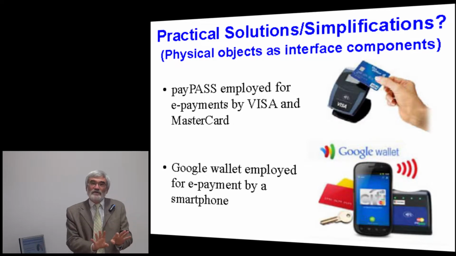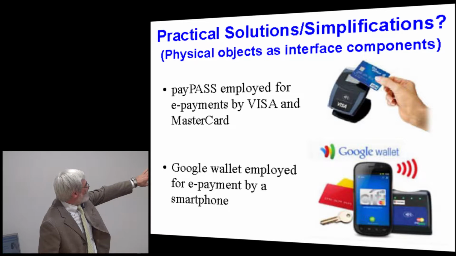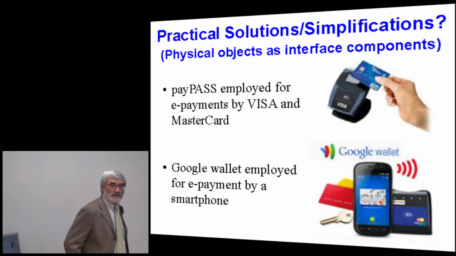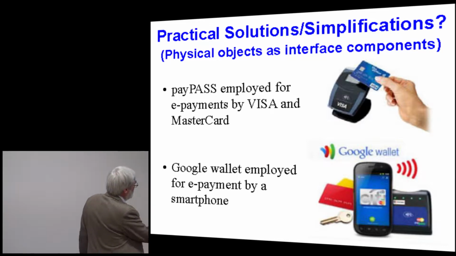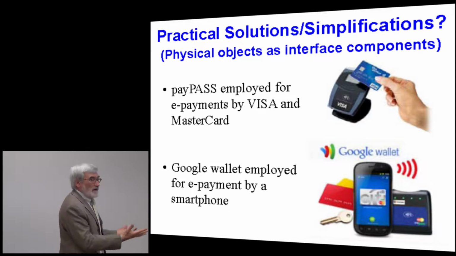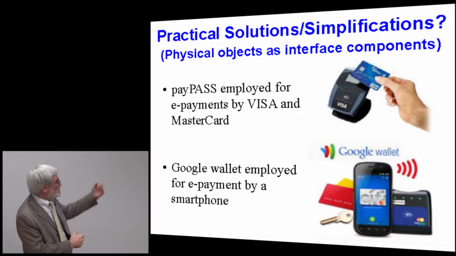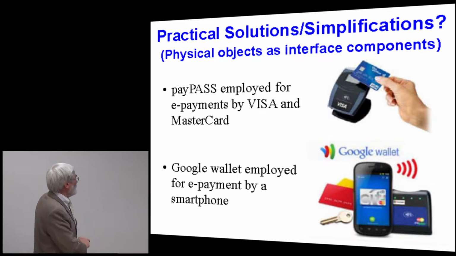So this is not new, because look, practical solutions. So you use your credit card, you bring it into the vicinity of the terminal, and it's scanned, and that's it. So that's digital communication. So the code is there, it's wireless.